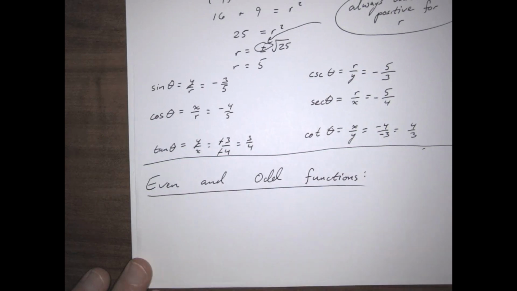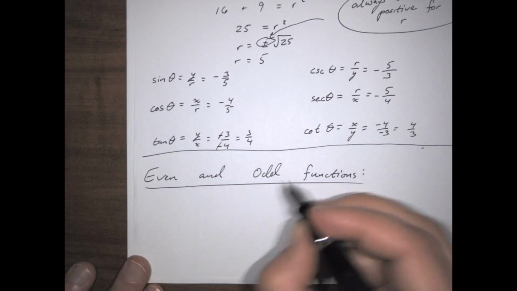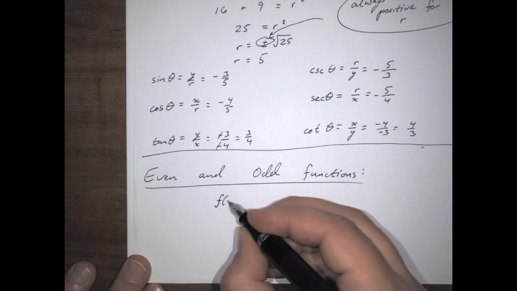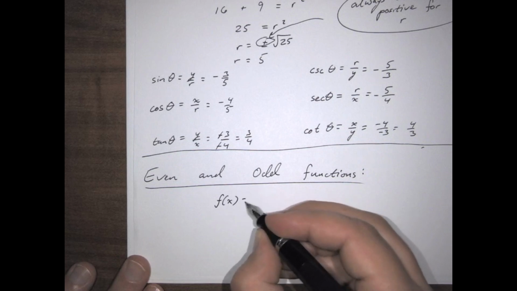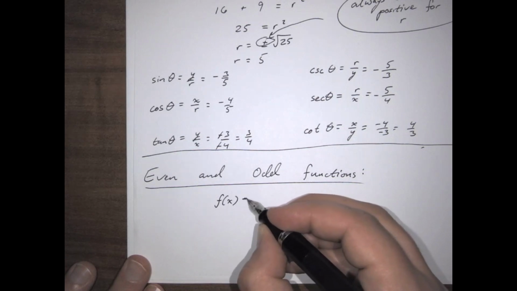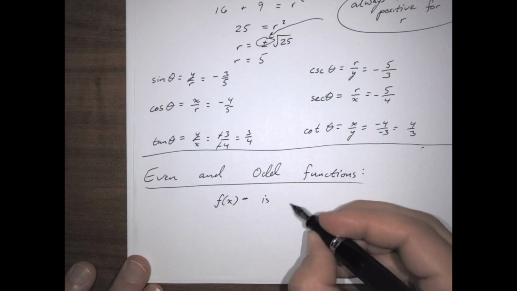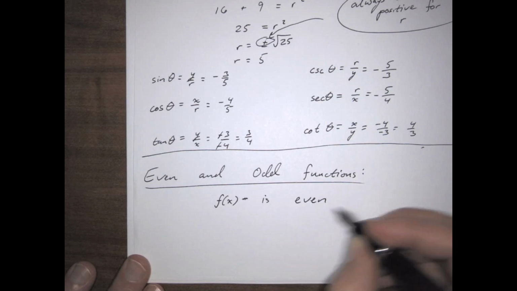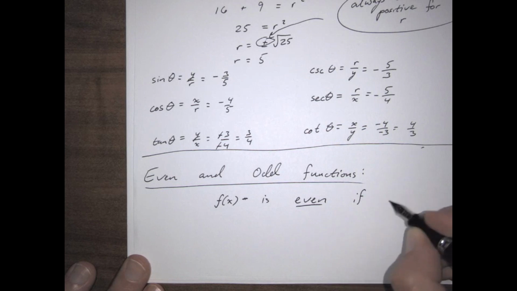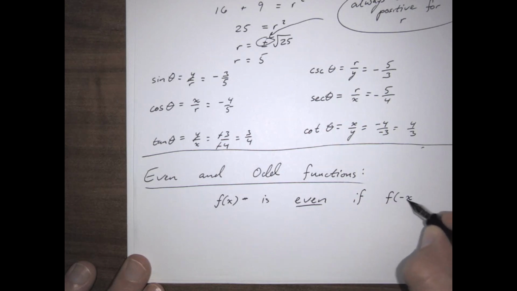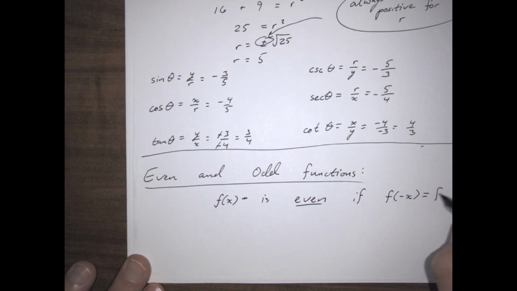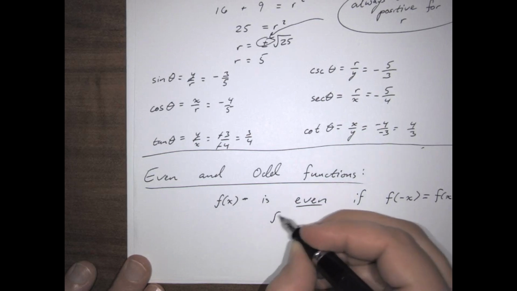So even and odd functions. f of x is even if f of negative x equals f of x for all x.